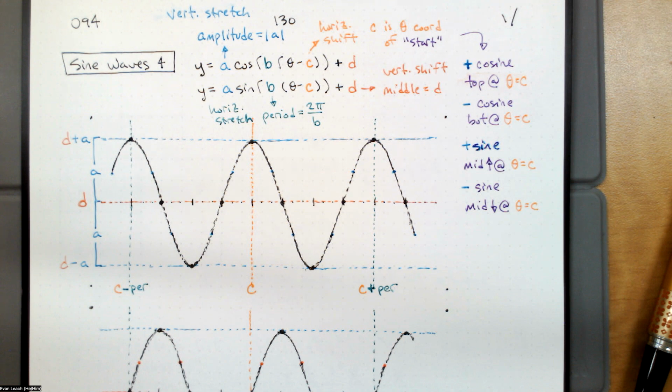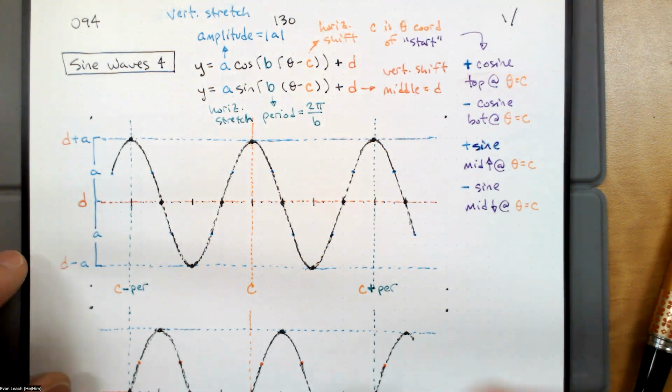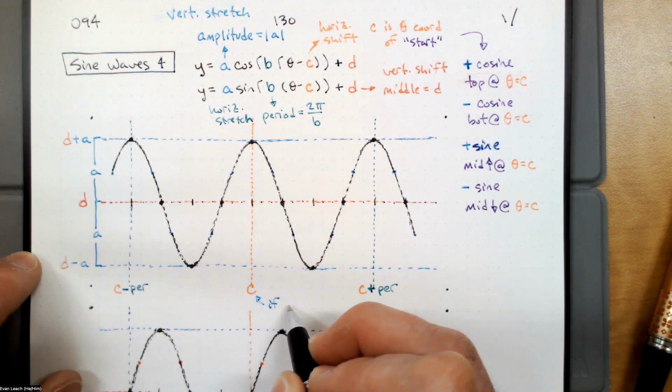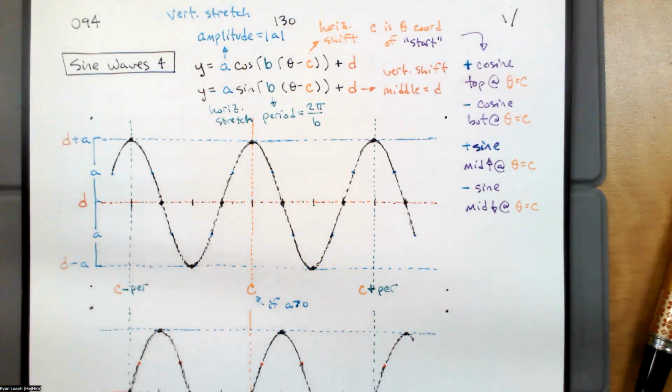So we put C at the top if A is positive. That's positive cosine. If A is negative, then negative cosine starts off at the bottom.